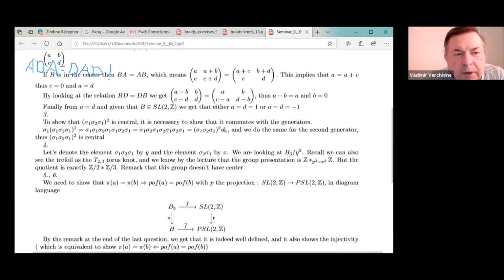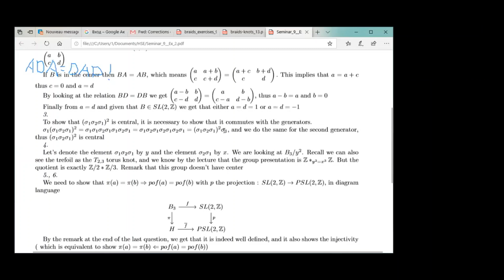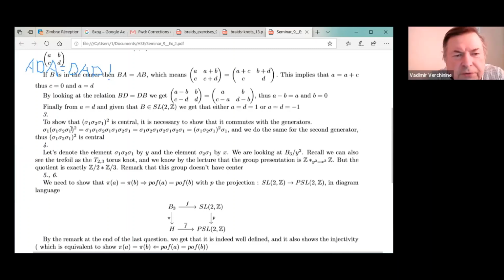So you write there, and yes, the same you can do with the second generator, and it's okay. And you see here that you are using that it is in the square. It's not enough. So very good. Then what was the next?